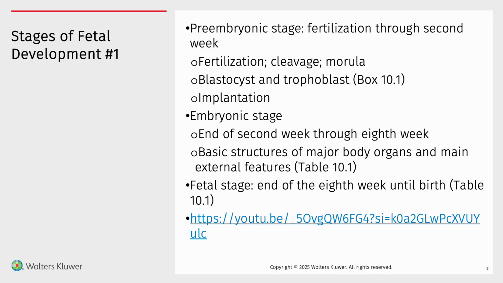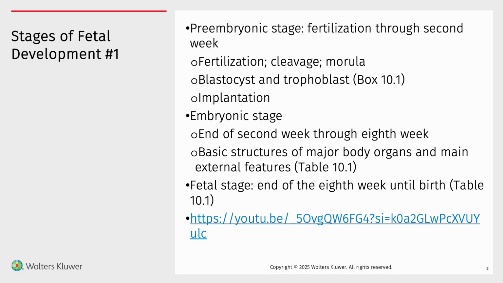So let's now move to the embryonic stage. This stage begins at the end of the 2nd week through the 8th week. This is a period of organogenesis, which is the formation of major body systems and structures.